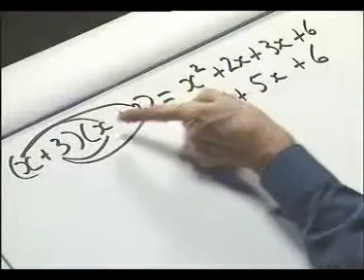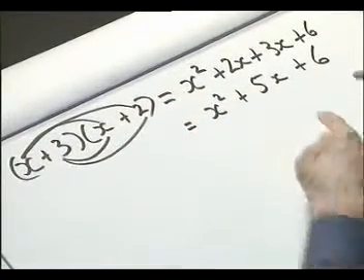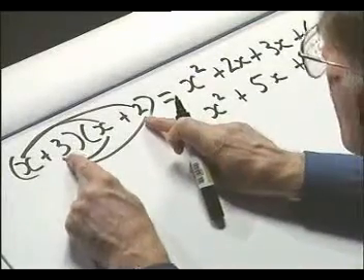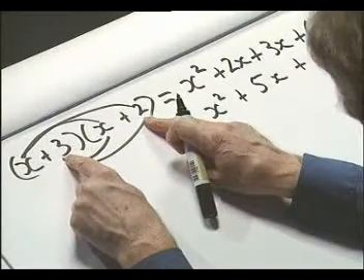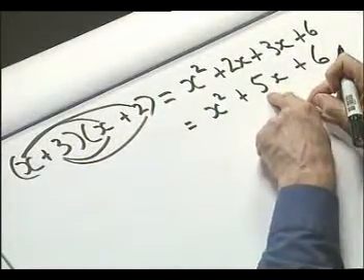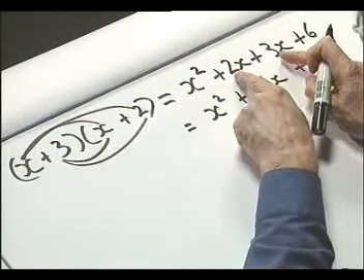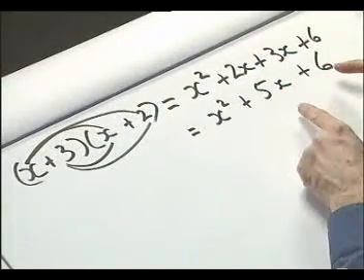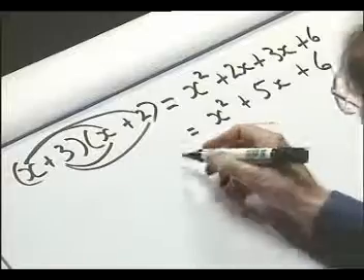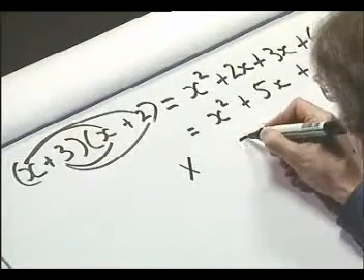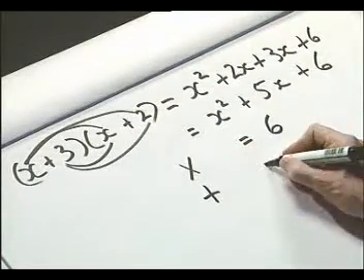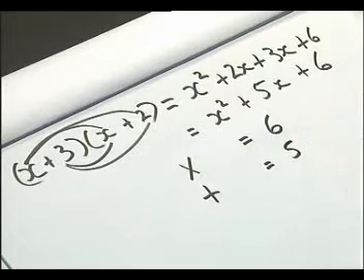So we've gone one way. What happens if we want to go back the other way? Let's have a look where this 6 came from. Well, we know it came from 3 times by 2. Now, where did this 5 come from? Well, it came from 2 plus 3. So if we were to reverse this process, we'd be looking for two numbers that multiply together to give us 6, and two numbers that added together to give us 5.